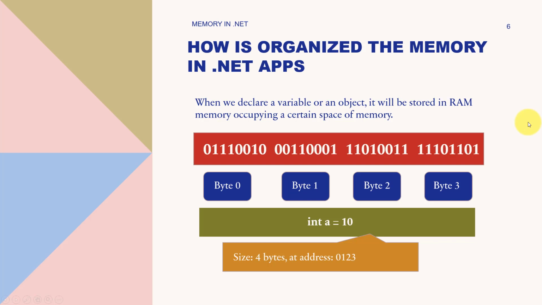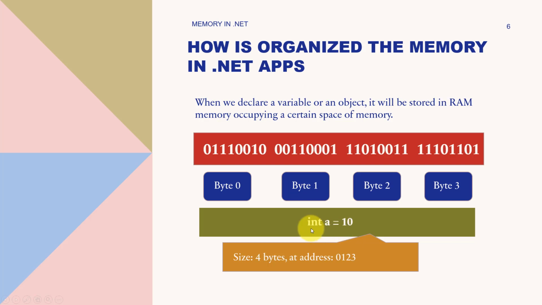As I told you, when you declare a variable, an object, or a complex type like a collection, all these types need space in RAM memory, and they will be stored there. In the picture, I declared an int variable which was assigned the value 10.